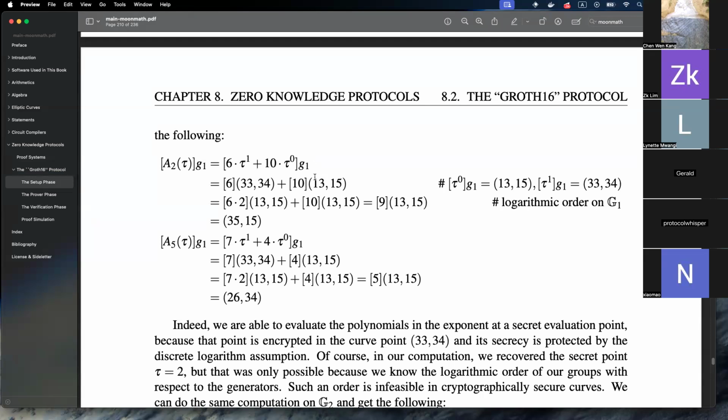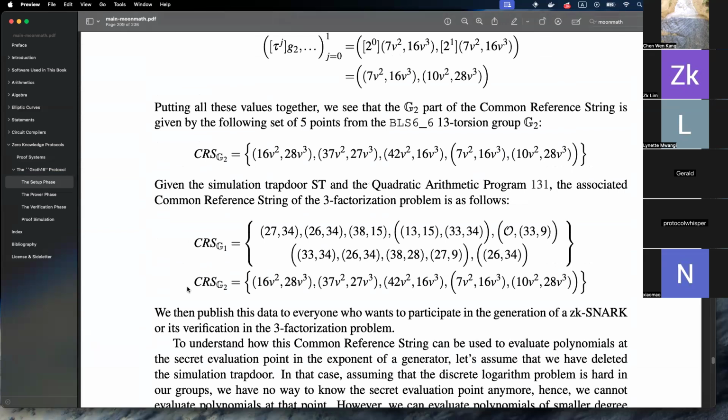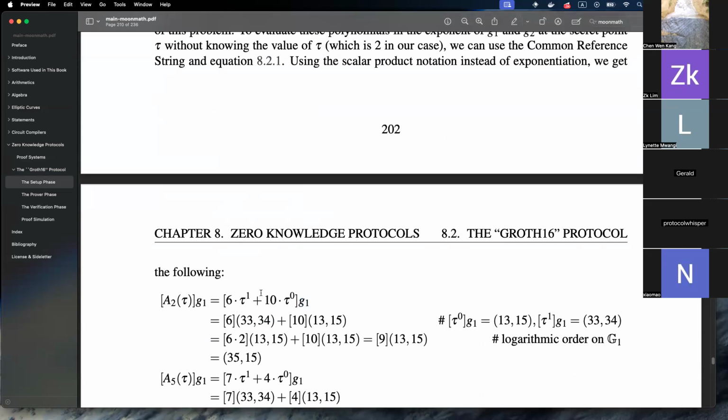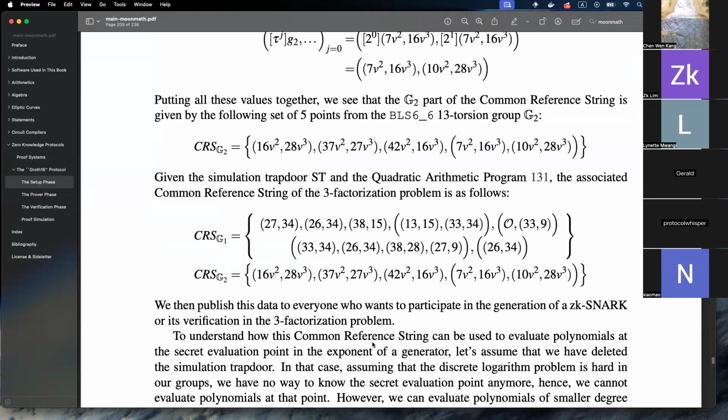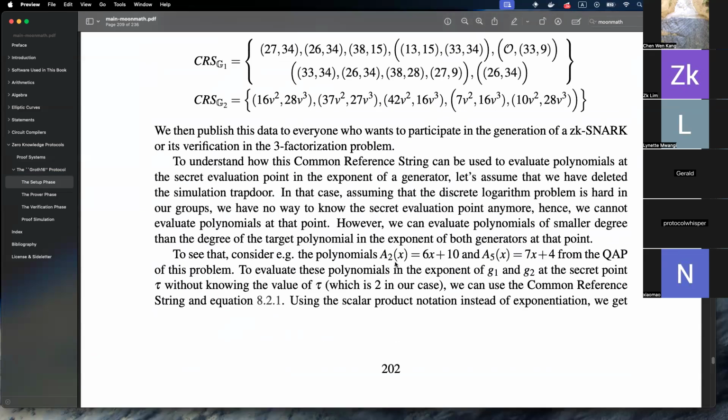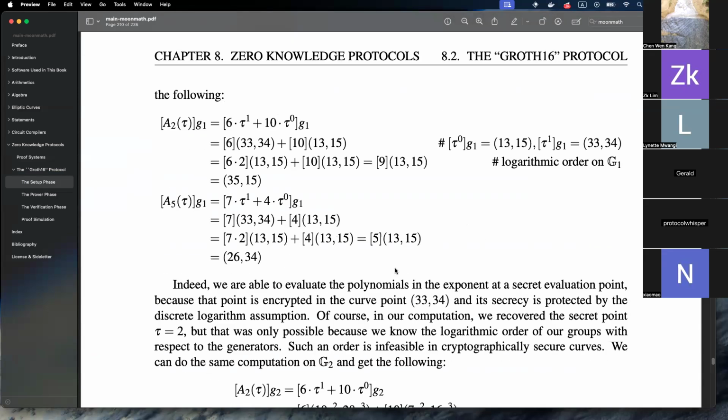And tau^1 G1 and tau^0 G1 are known. Why? Because they are part of the CRS. But by knowing tau^1 G1 and tau^0 G1, you cannot get tau^1 or tau^0. You cannot reverse compute it because of the discrete log assumption.